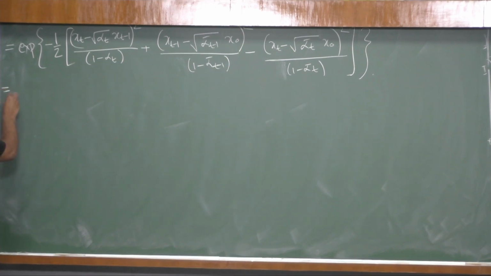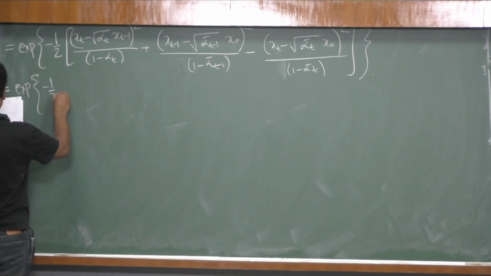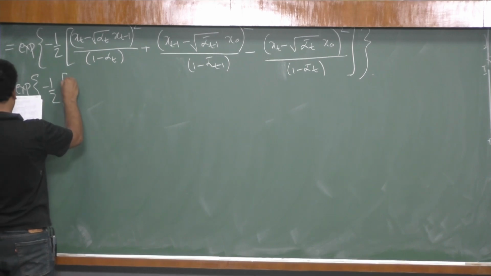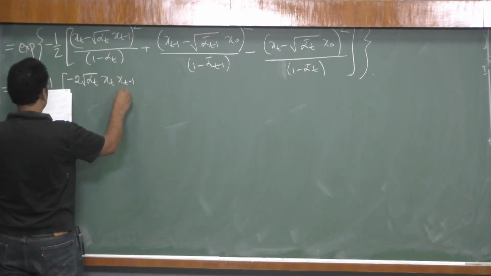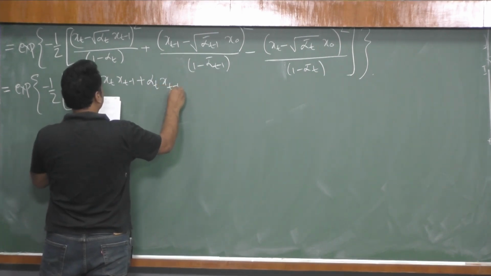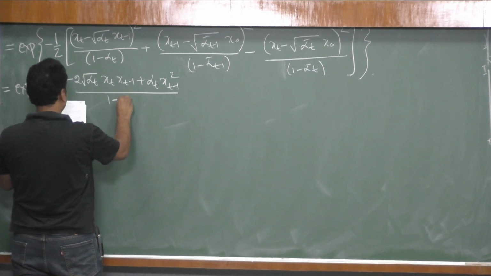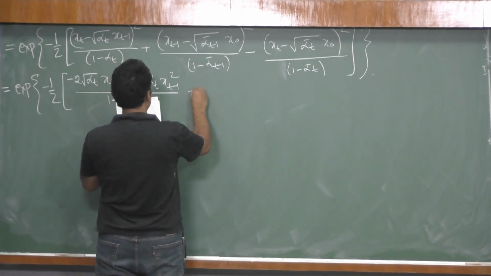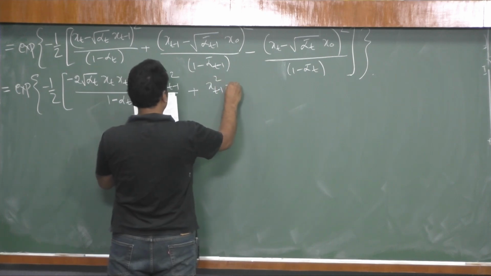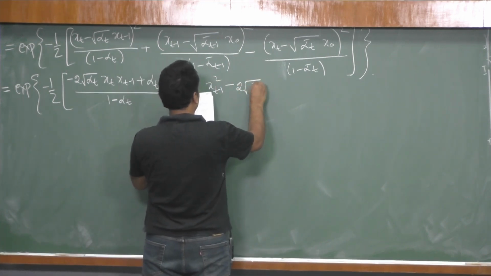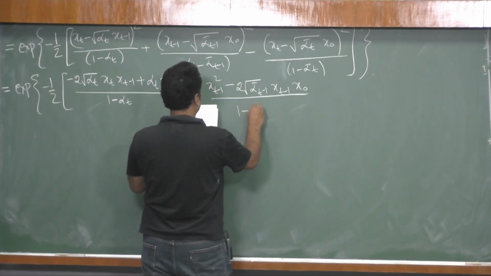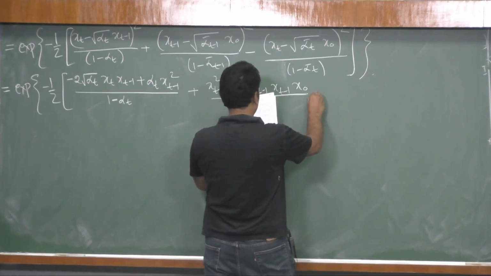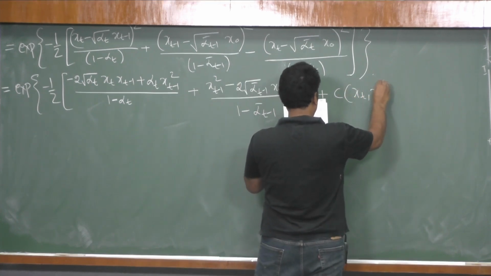So this is exp of minus half of: minus 2 square root of alpha t xt xt minus 1 plus alpha t xt minus 1 squared, divided by 1 minus alpha t, and then plus xt minus 1 squared minus 2 square root of alpha bar t minus 1 xt minus 1 x naught, divided by 1 minus alpha bar t minus 1, and then plus c xt x naught.